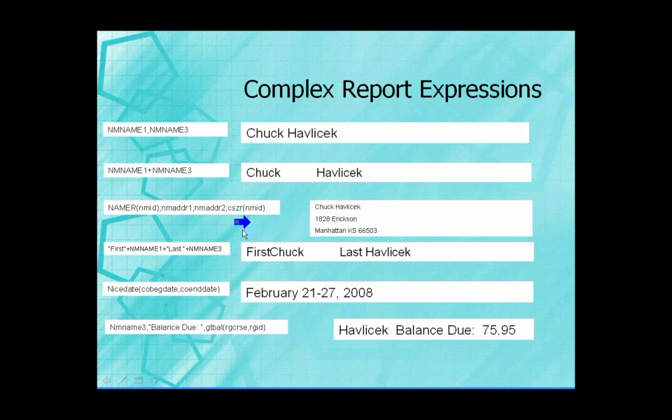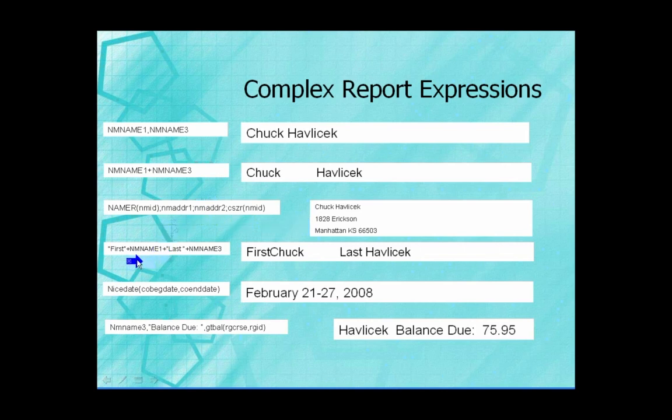So if the next party in the address was Chuck Havlicek at the business, and I might have a P.O. box as well, it would be Chuck Havlicek, 7480 Dyer, P.O. Box 1912, whatever that might be. So again, that's what the semicolons do. They will give you a line feed for each field, and it will eliminate blank data fields in the sequence.